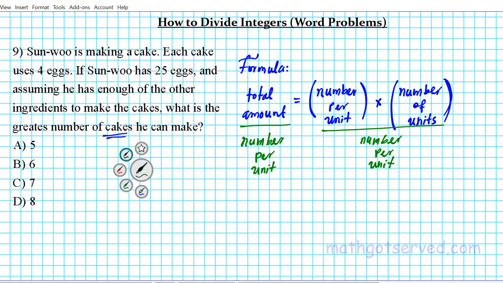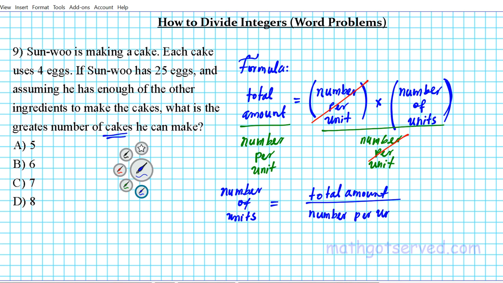Okay, the formula is as follows. So here what's going to happen is that the number per unit will divide out and you end up with the formula: number of units is equal to the total amount divided by the number per unit.